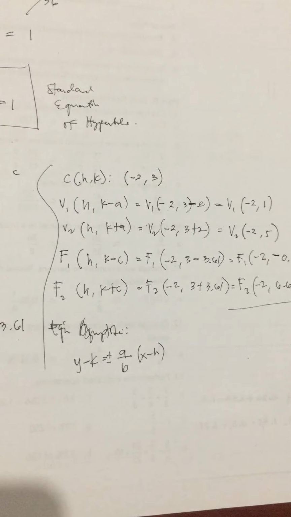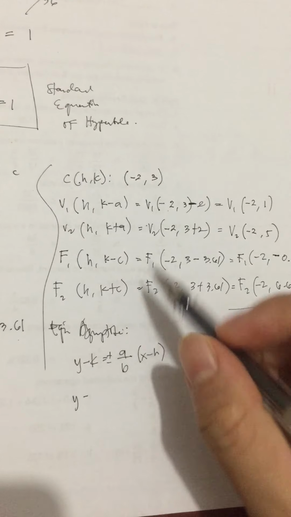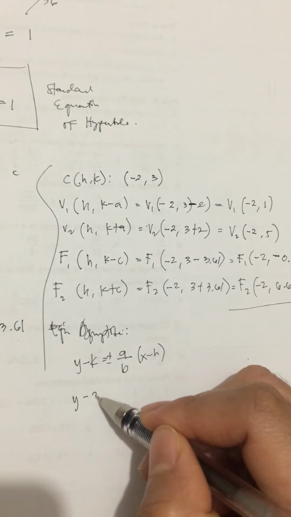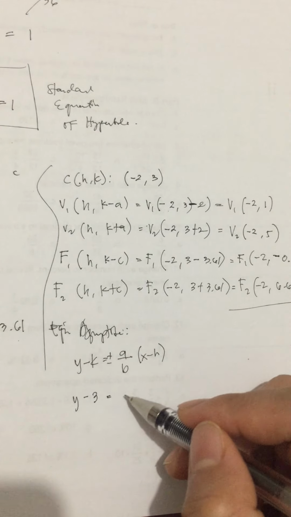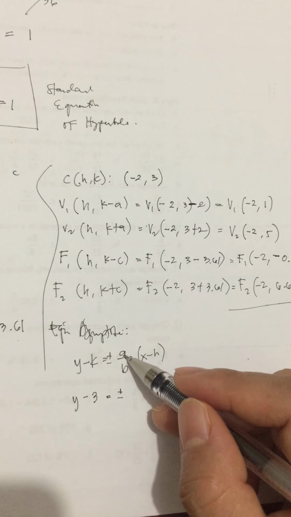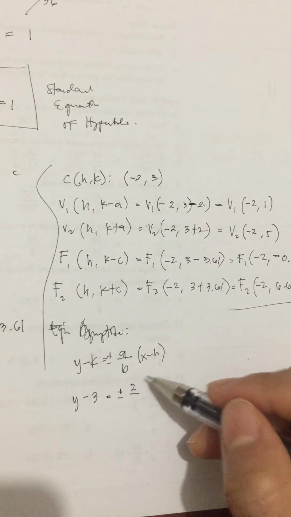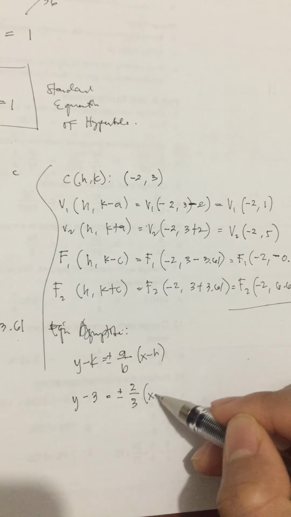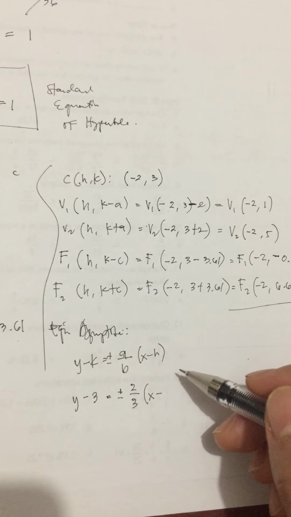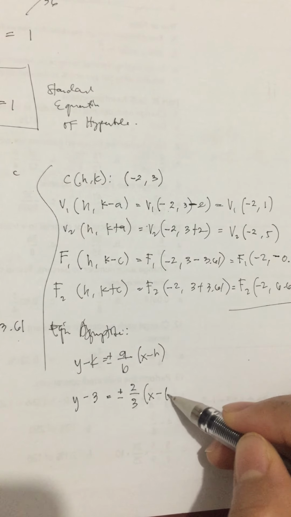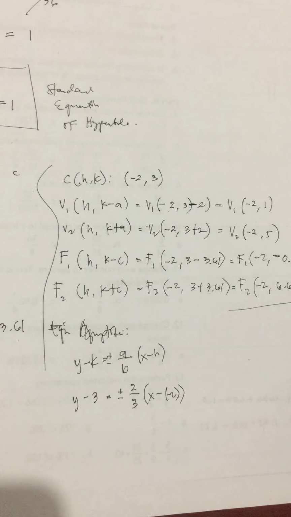So, substitute. What would be our k? That is 3. So, y minus 3 equals plus minus, what is your A? 2. What is your B? 3. x minus, what is your H? Negative 2.